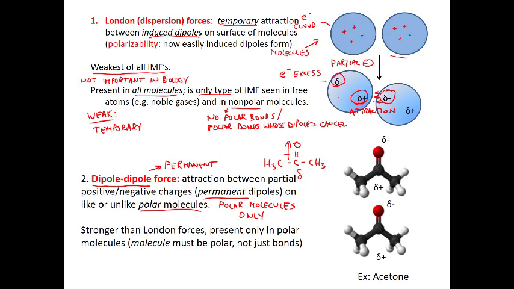So as a result, we have a partial positive charge on the central carbon and a partial negative on the oxygen, which is what we see over here. And that means that the oxygen on one acetone will be attracted to the central carbon on the other acetone. That is a dipole-dipole force.